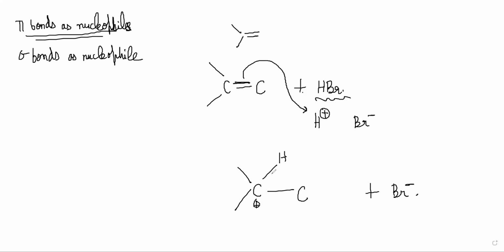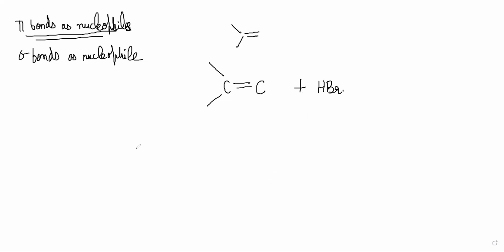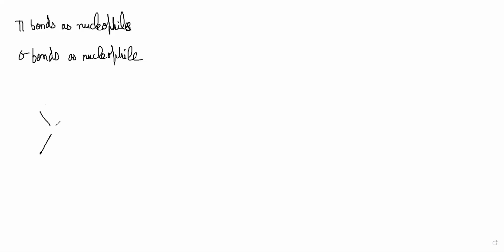Okay, so H plus has not bonded with this. What has happened is H plus has come to the other carbon. See, he has drawn the structure with a double bond like this, plus HBr, and he's saying this bond is coming like this. There is a carbon here and a carbon here, and this attaches with this.